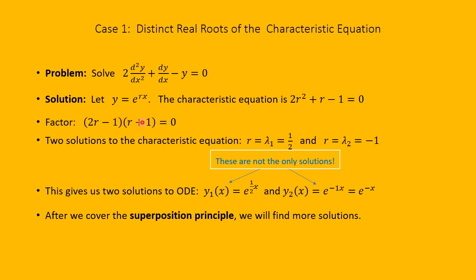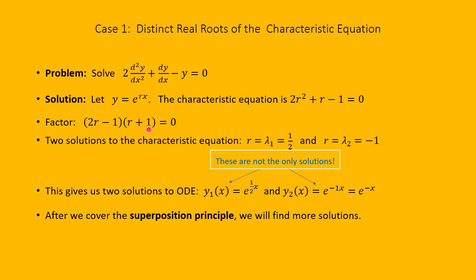Once we have it factored, set the first factor equal to 0, 2r minus 1 equals 0, and we get a characteristic value of 1/2, a solution to the characteristic equation, lambda 1 equals 1/2.